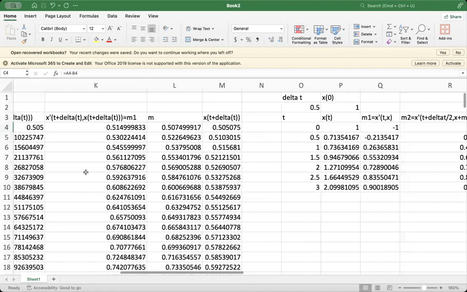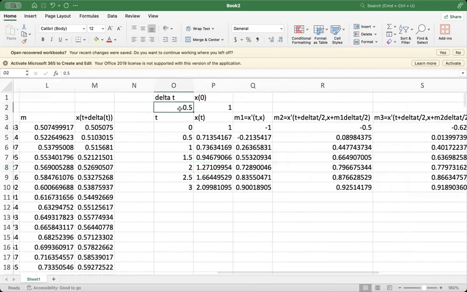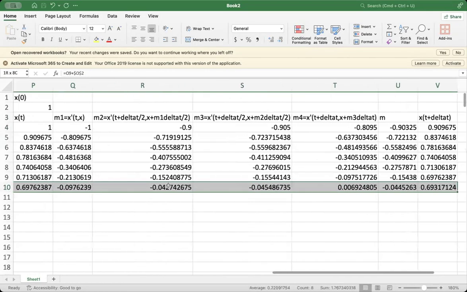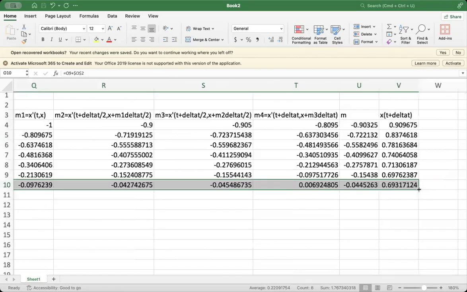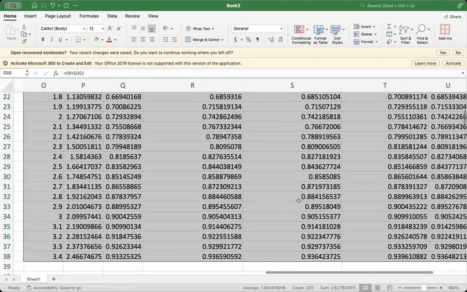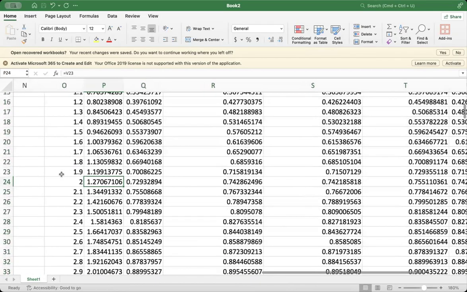Whereas over here with my Runge-Kutta, I got 1.27. So if I change my delta t to 0.1 and drag this out, let's see what happens when I go to 2. 1.27, so pretty good.